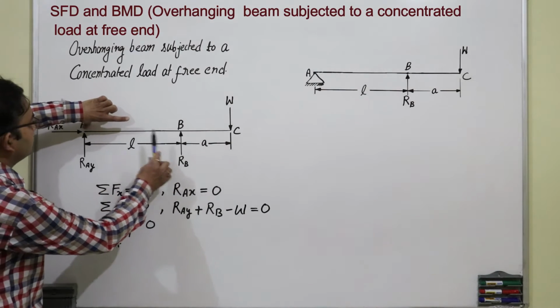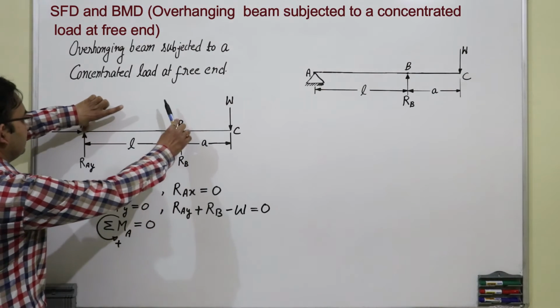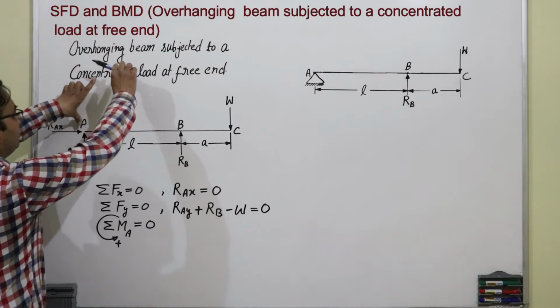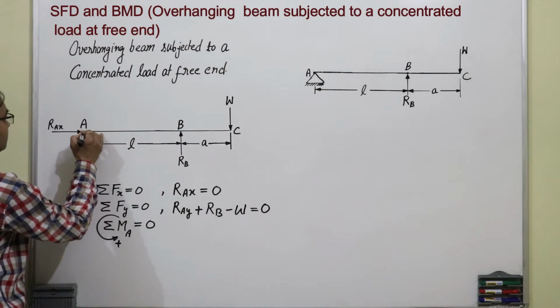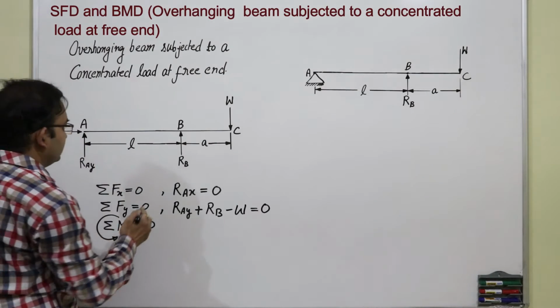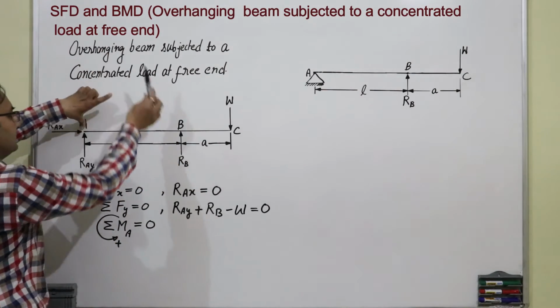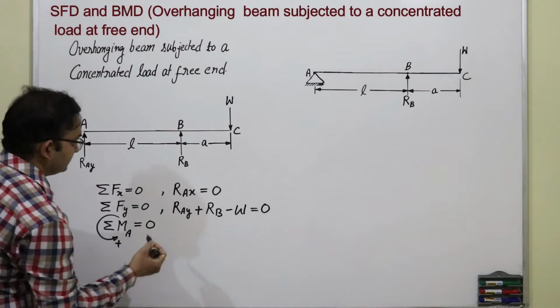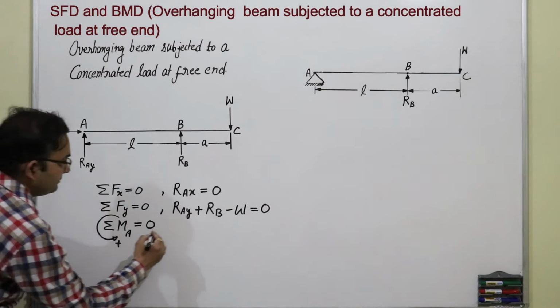So RB is a force and L is the perpendicular distance. This force will rotate this beam in this direction, it is anti-clockwise. So in anti-clockwise direction it is positive.